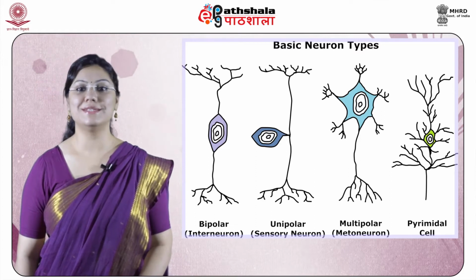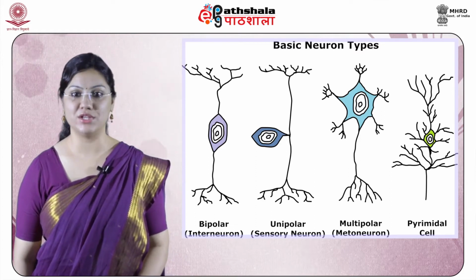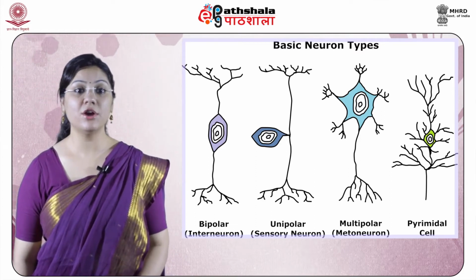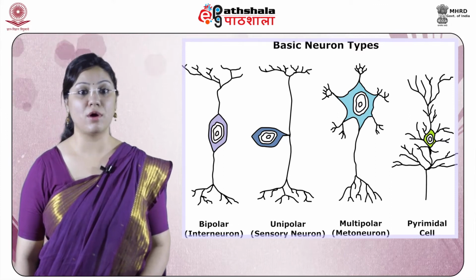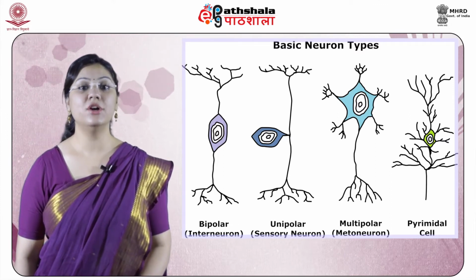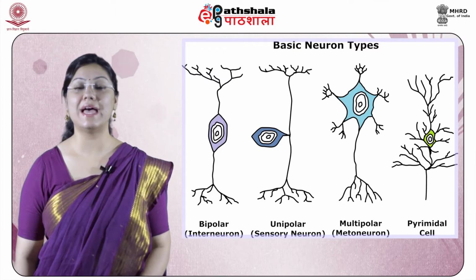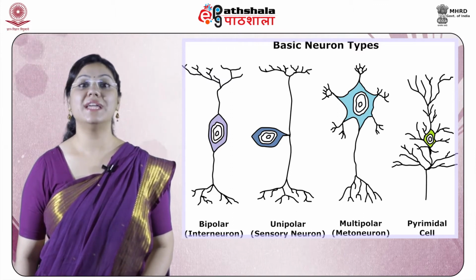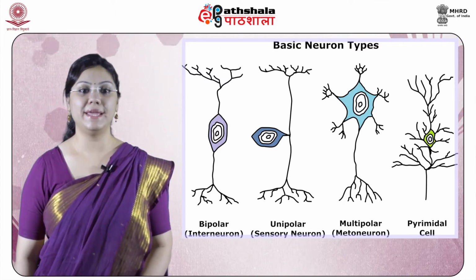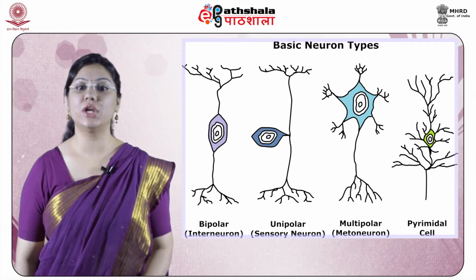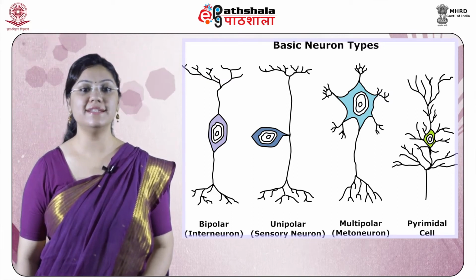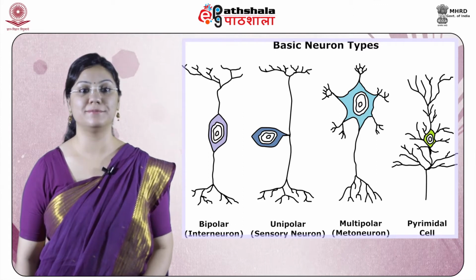Motor neurons take the processed information necessary for producing a response and relay it to muscles and organs. The interneurons play an intermediary role between the sensory and the motor neurons.